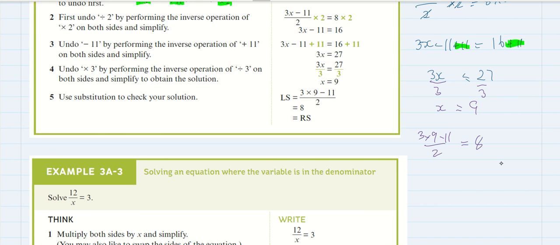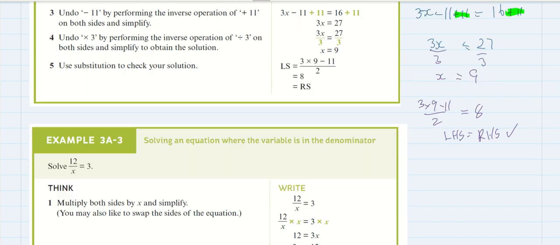Well, 3 nines are 27. 27 take 11 is 16. And 16 over 2 equals 8. So left-hand side equals right-hand side, and we have checked our work.